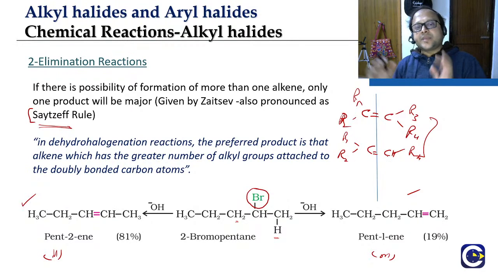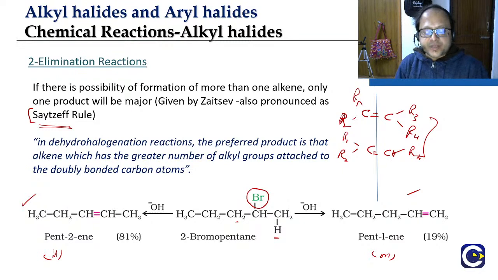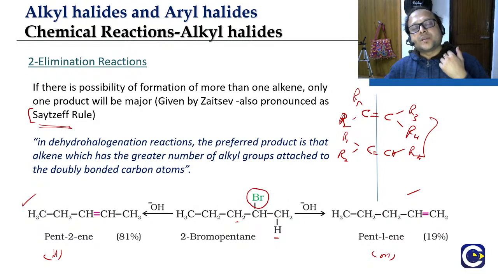If you remember something from last year, there was something called GOC, and in that you had studied hyperconjugation. As far as hyperconjugation is concerned, the more hyperconjugated structures, the more the stability. If all these are methyl groups, then you have 12 hyperconjugated structures, and in this case there will be 9 hyperconjugated structures. So this structure is more stable than this.